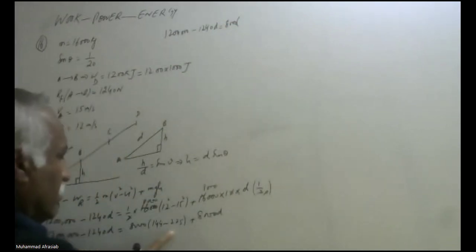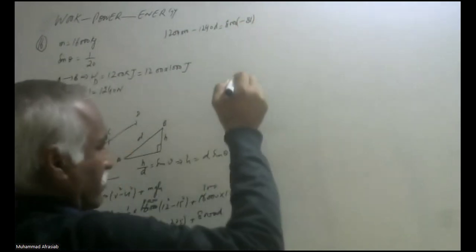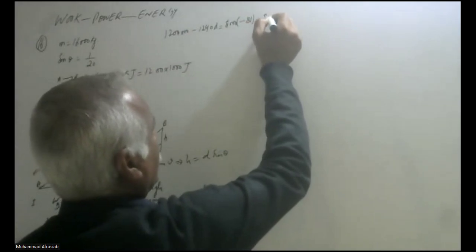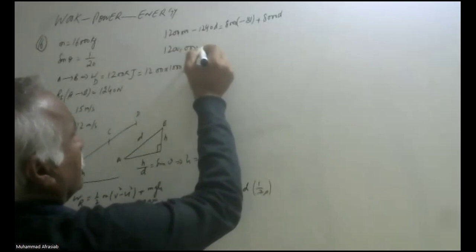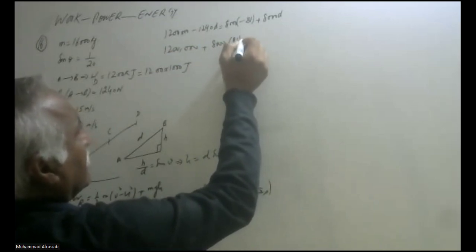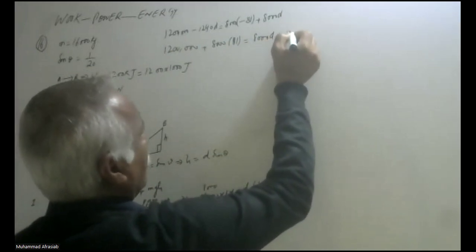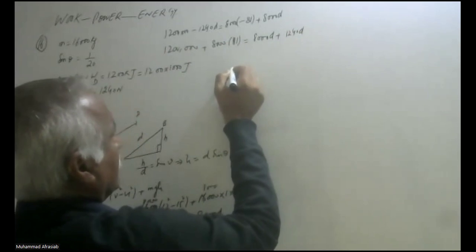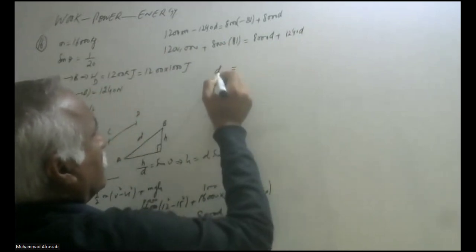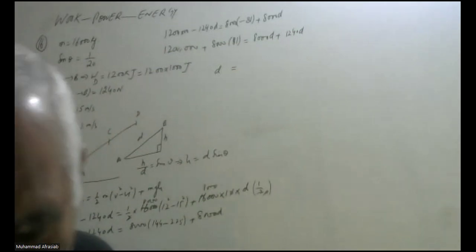Now we can calculate: 1,200,000 plus 8000 into 81 is equal to 8000 d plus 1240 d. For the value of d, we can calculate it from the calculator.